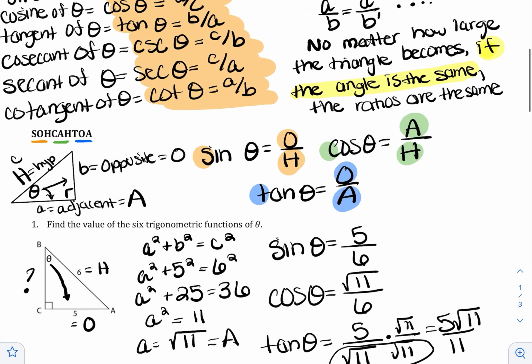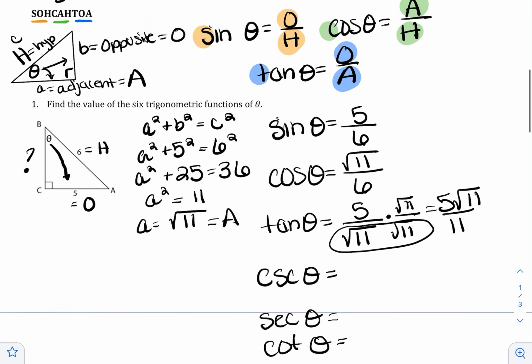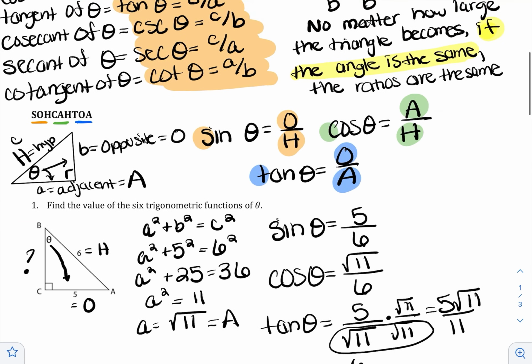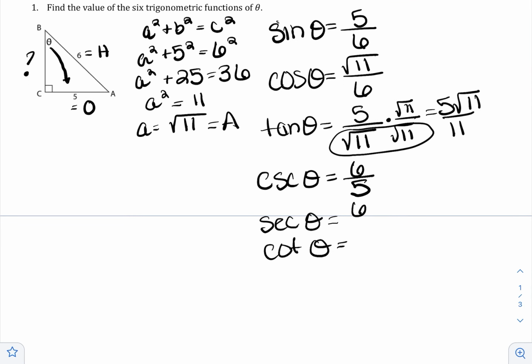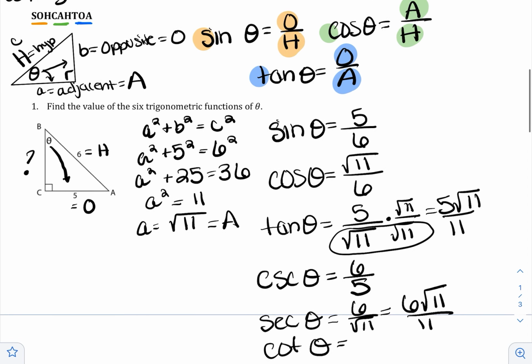So if we go back up to our definition, cosecant was C over B, so the hypotenuse over the opposite. So the hypotenuse is 6, the opposite was 5. Secant is going to be C over A, so that's going to be 6 over the square root of 11. But again, I have to rationalize, so 6 square root of 11 over 11. And the cotangent, which was the last one, was A over B, adjacent over opposite.